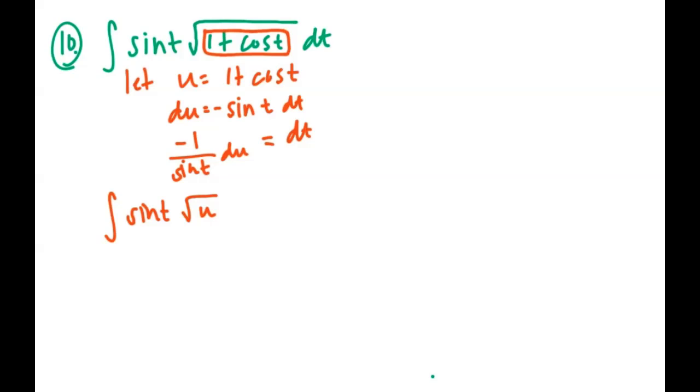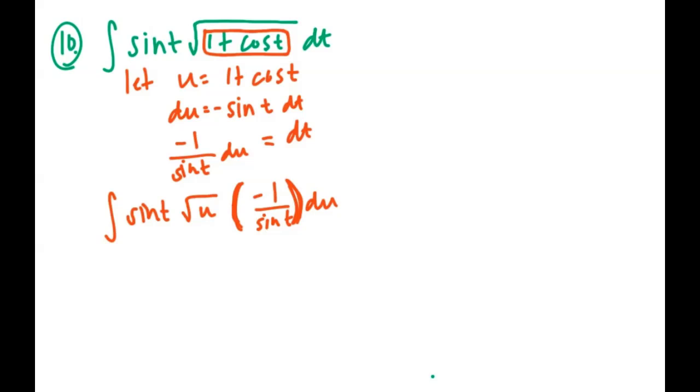Now in place of dt, we're going to put negative 1 over sine of t du. Now you need parentheses around this. We didn't use parentheses last time, but we need them here because there's a negative inside. We need it to look like the multiplication of negative 1 over sine t and not that we're subtracting it.